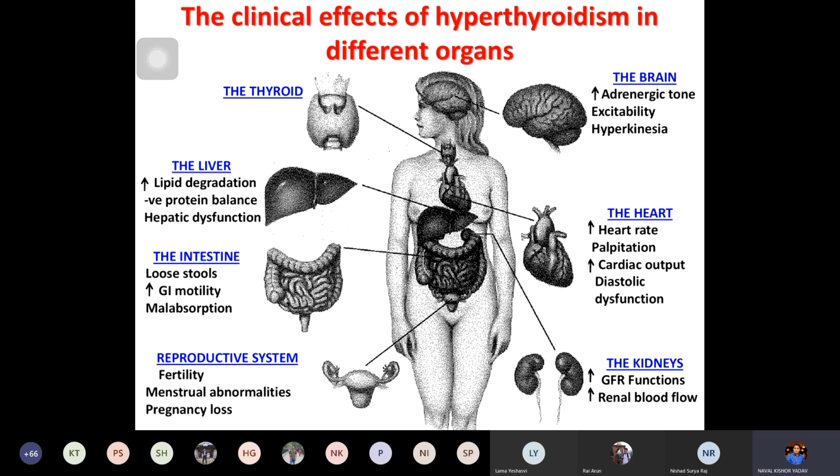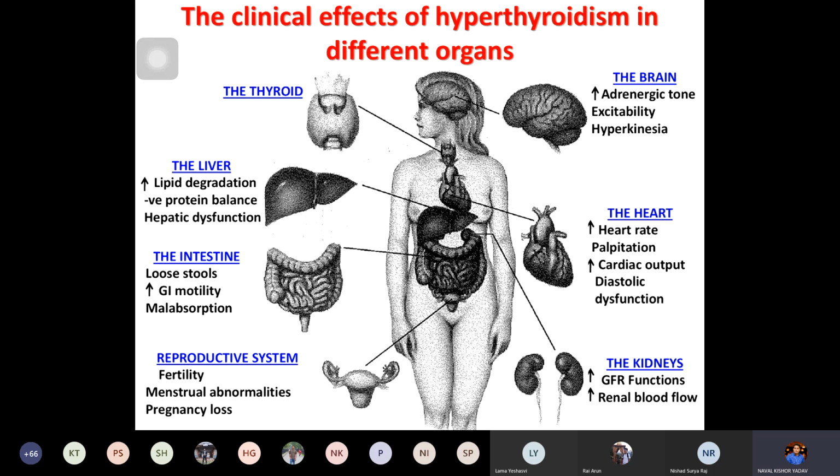So anybody who comes to you with all these signs and symptoms, you can suggest a thyroid function test to test for T3, T4, and TSH at least. If they are not going for the anti-TPO, at least these three parameters they can check: T3, T4, and TSH.